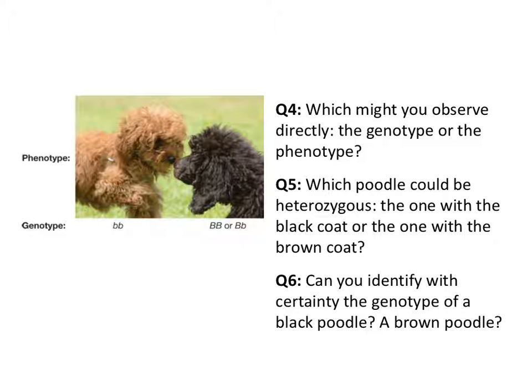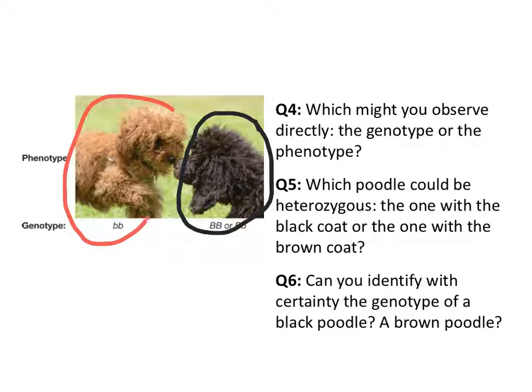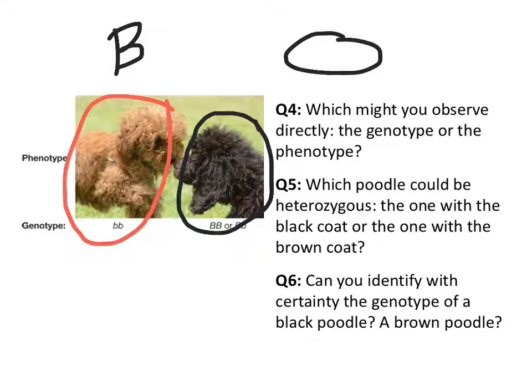Which poodle could be heterozygous? The one with a black coat or the brown coat? Is it this individual who could be heterozygous, or is it this individual? Remember, black is dominant. If you have one copy, you will be black. Here's our black dog. Okay.